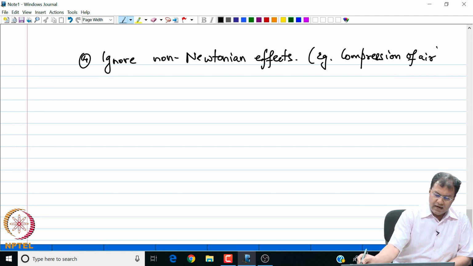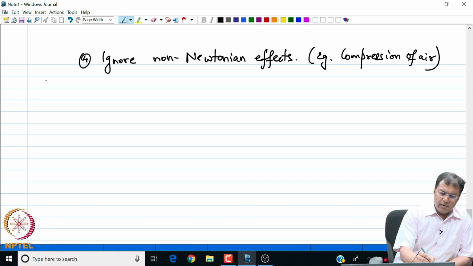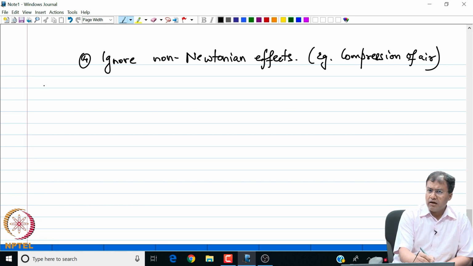So with this assumption, we have not simplified too much. This assumption still holds for problems where the object is moving in a very thin atmosphere.